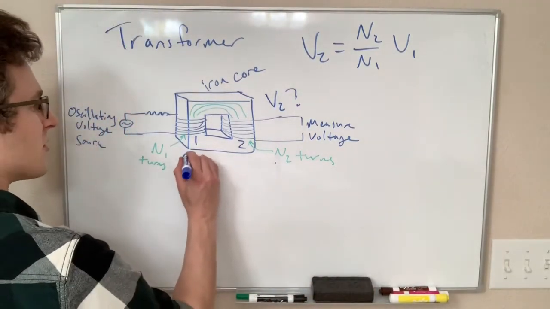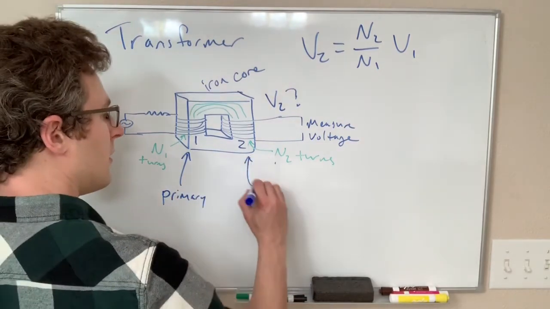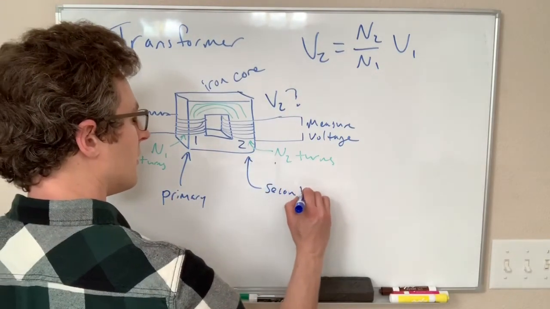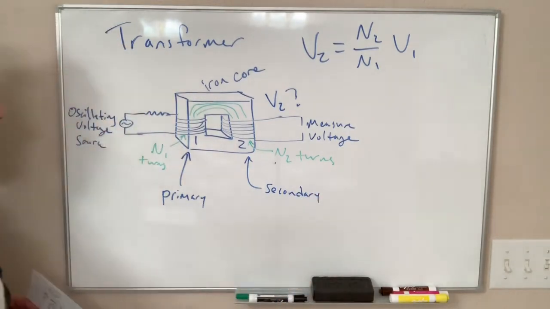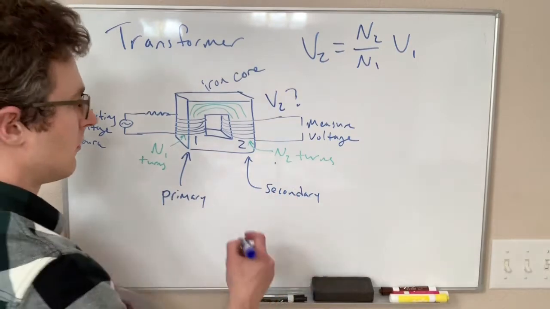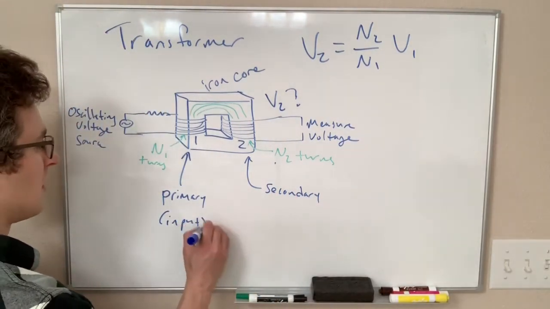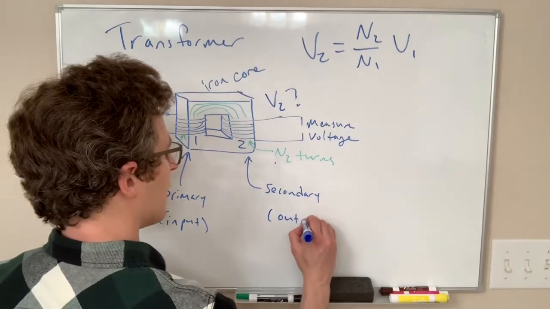So this side of the transformer is called the primary. This side is called the secondary. So the primary side is the input side. The secondary side is the output side.